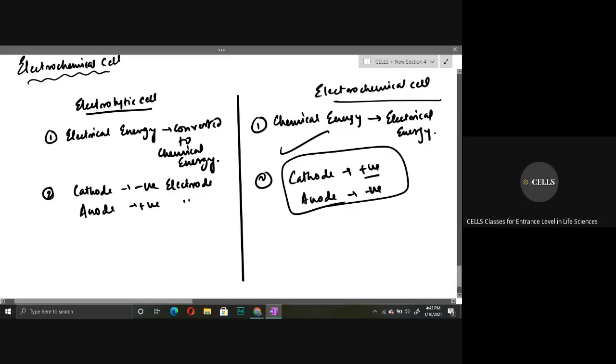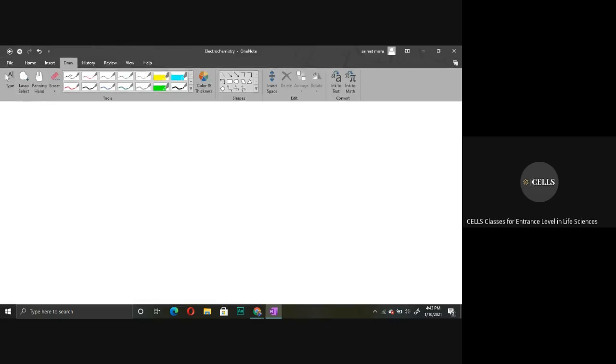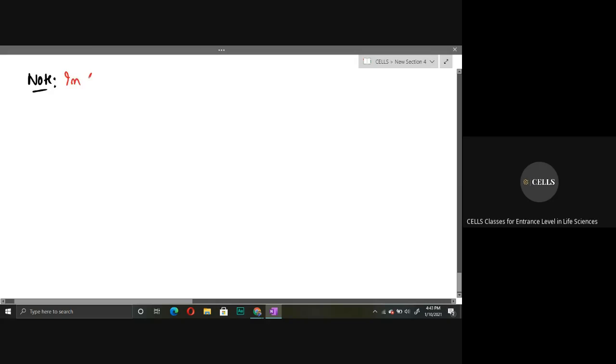Now in electrochemical cells, as the anode is negative, see this very carefully, it will give off electrons. So please write it down, these points are really important. So note, in electrochemical cells, since the anode is negative, it became negative by giving up electrons.